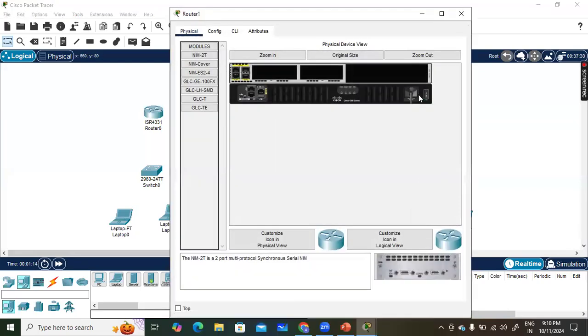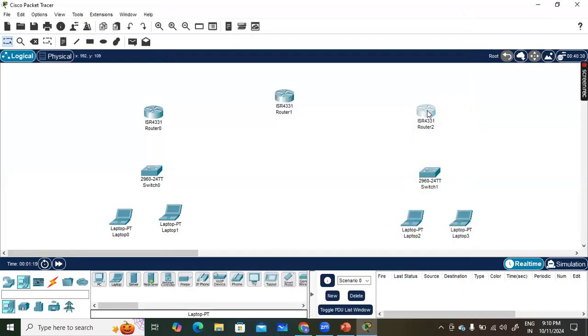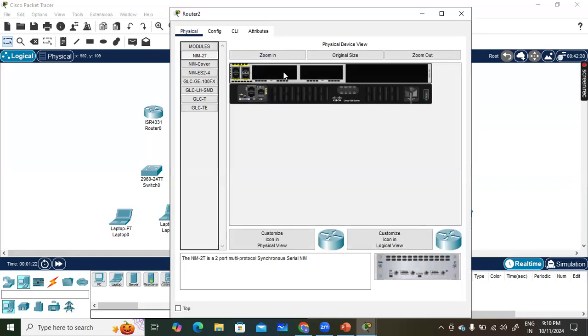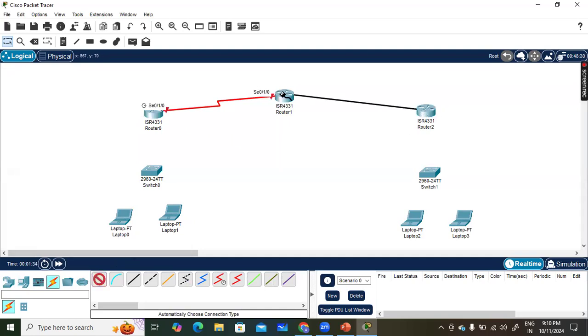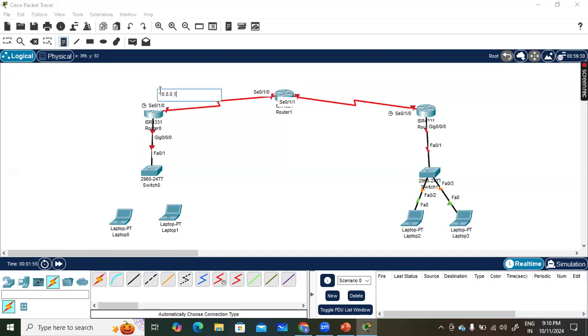First, we have to give the ports to all routers, that is, serial ports. Then just mention the networks over there so that we do not forget.